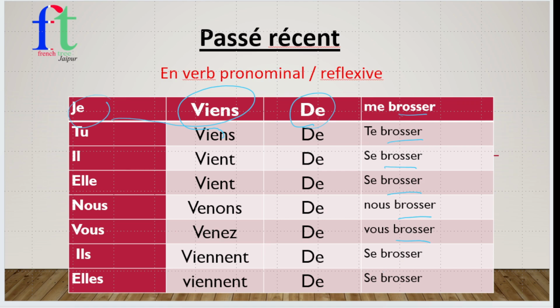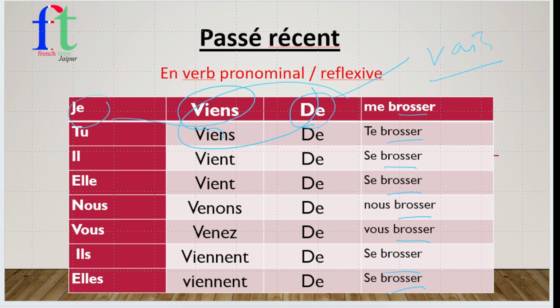In the future proche as well, we do the same thing: instead of venir, we use je vais and me reposer. If you remember. Okay.